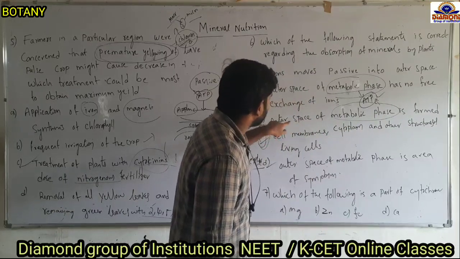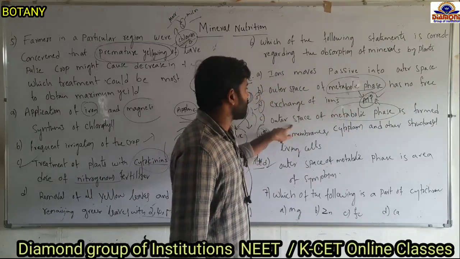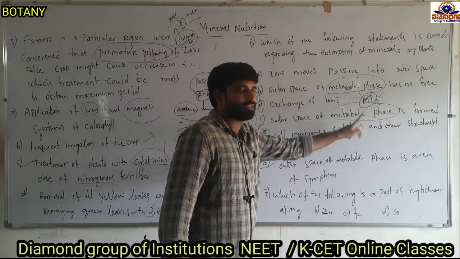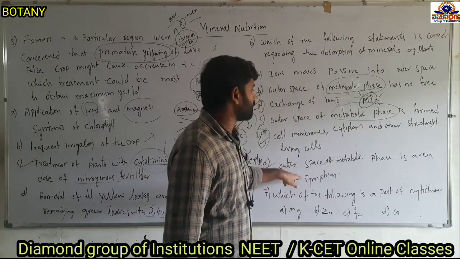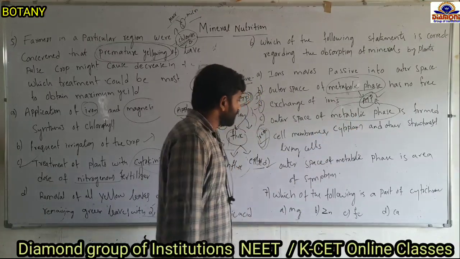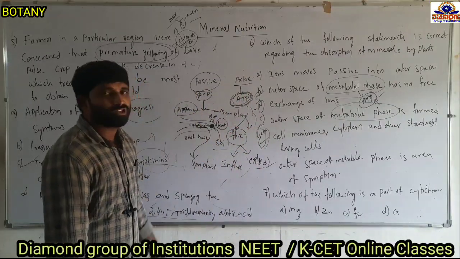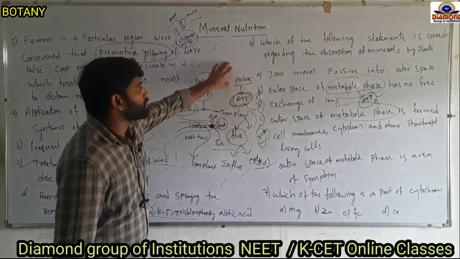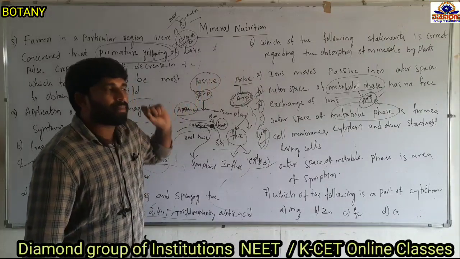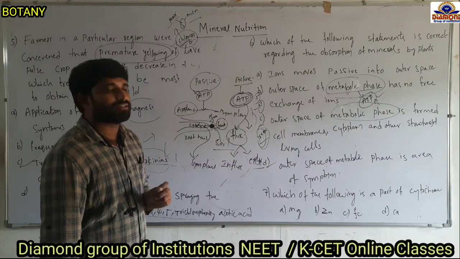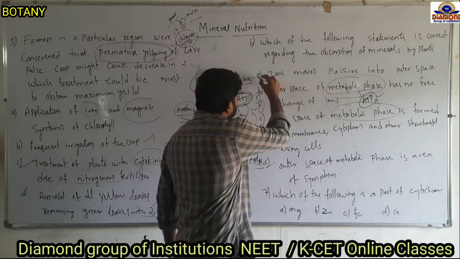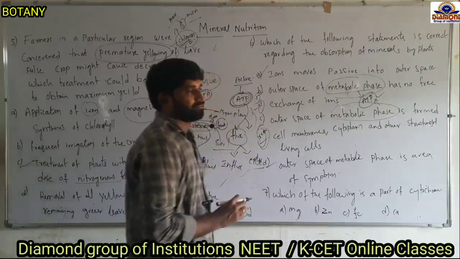So in the same option, outer space of metabolic phase, here also passive absorption and use of ATP energy are both there. Here also outer phase and metabolic phase are mentioned. So the B, C, D options belong to both passive and active absorption. But in the A option, they mention only passive absorption, that is, the apoplast mechanism. By the elimination method, we can choose A as the answer.